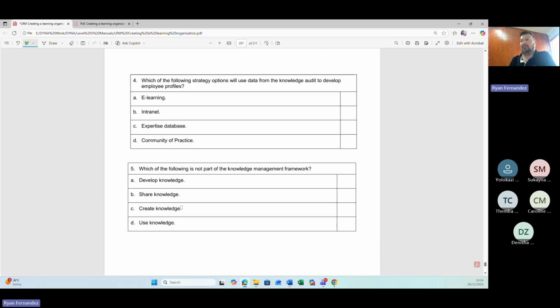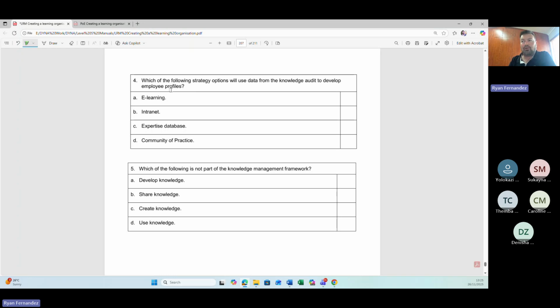All right, then, which of the following strategy options will use data from the knowledge audit to help develop employee profiles? Is it e-learning, the intranet, an expert database, or community of practice? So it will take data from the knowledge audit and establish employee profiles.